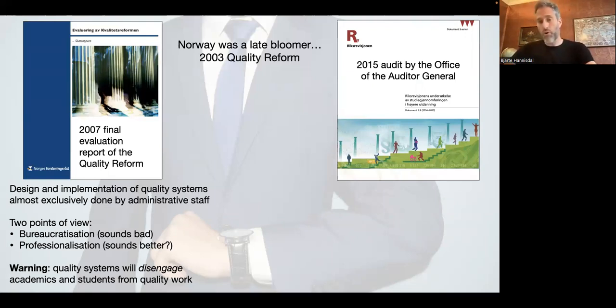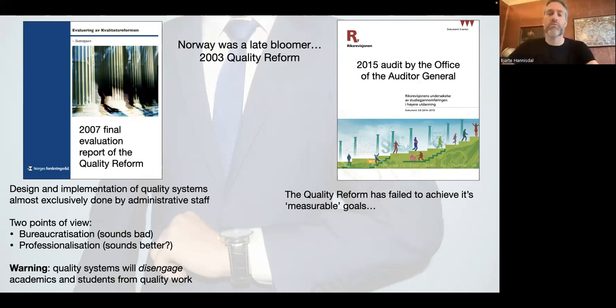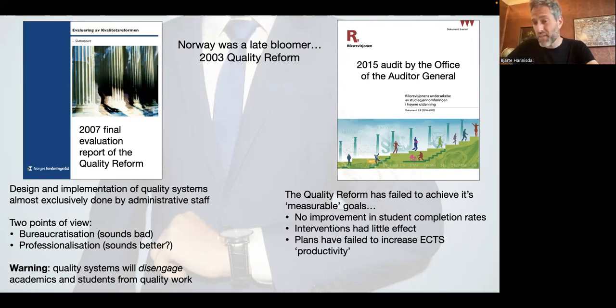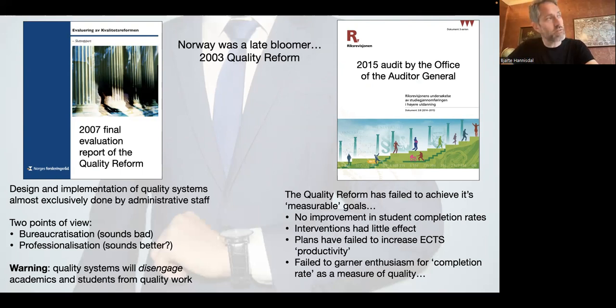Ironically, there was an audit by the Office of the Auditor General, auditing the auditors, with pretty damning conclusions in terms of the measurable goals of the quality reform. It was supposed to improve the student completion rates. It hasn't done so. And the interventions that were put in place have had little effect. Plans have failed to increase the production of credits. And there seems to be little enthusiasm for using completion rate as a measure of quality. That's another failure.